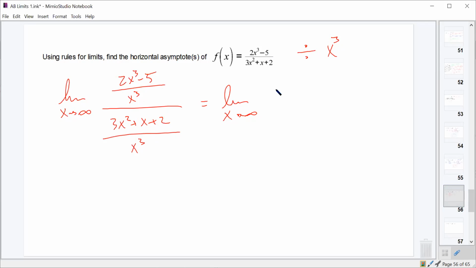And the 2x cubed over x cubed is 2 minus 5 over x cubed. And then we got 3 over x plus 1 over x squared plus 2 over x cubed.